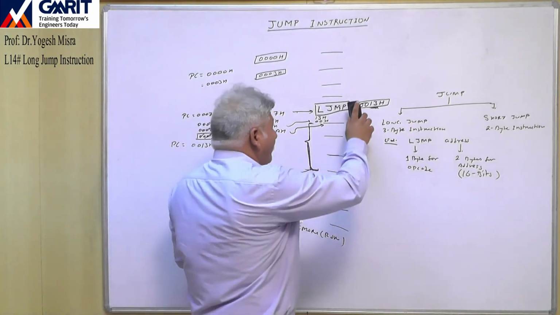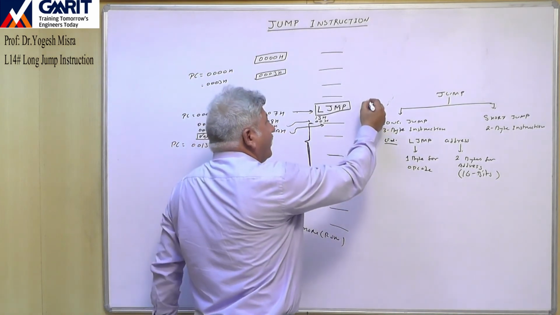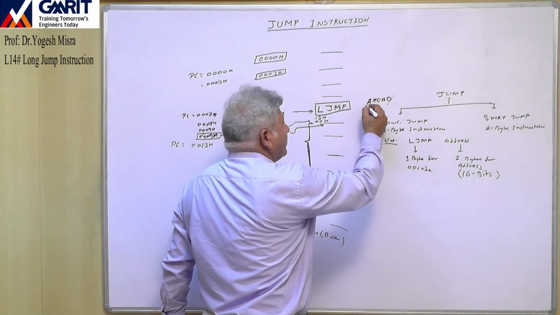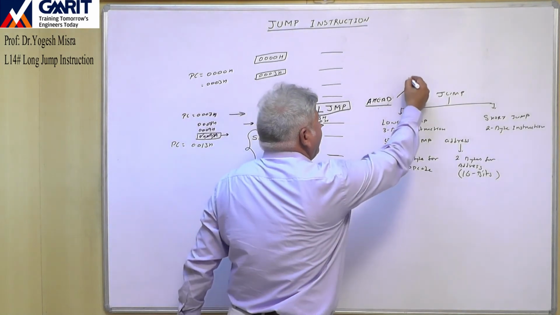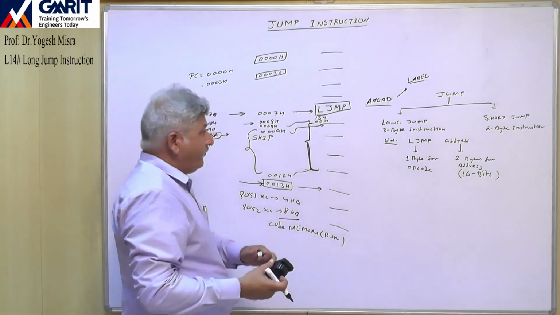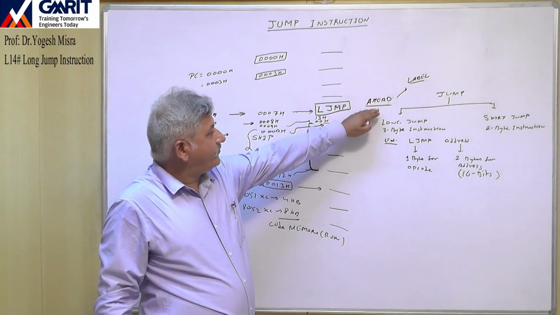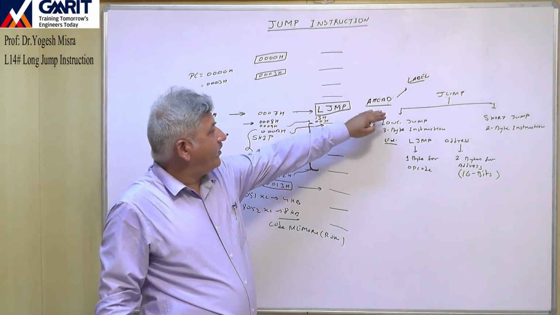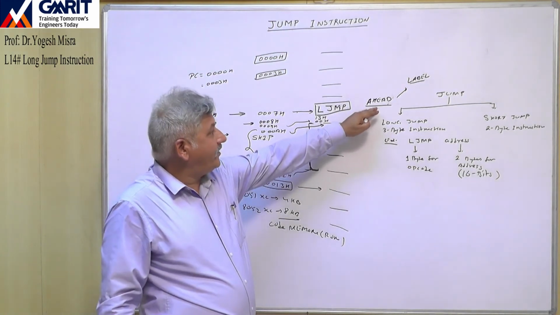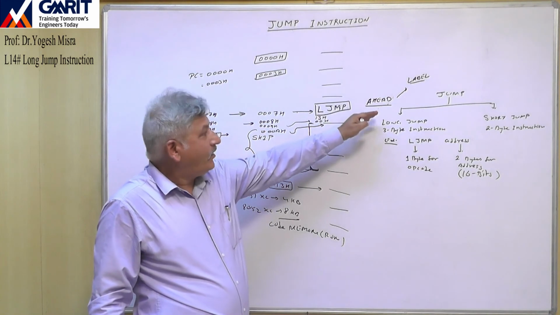So here, if I write LJMP AHEAD, this AHEAD is our label. Whenever we are using any label, we can use any combination of alphabets or digits or special characters like underscore.